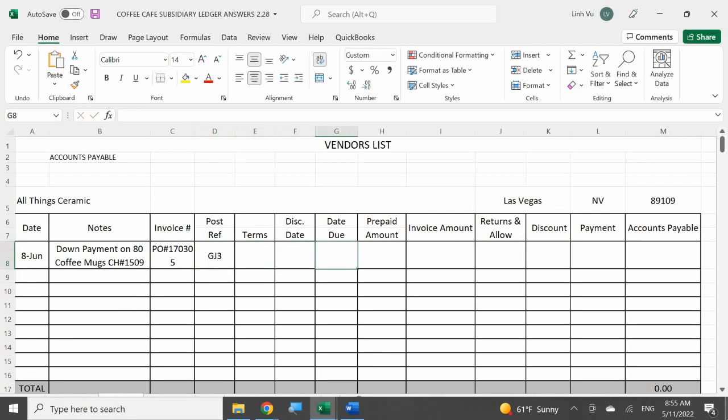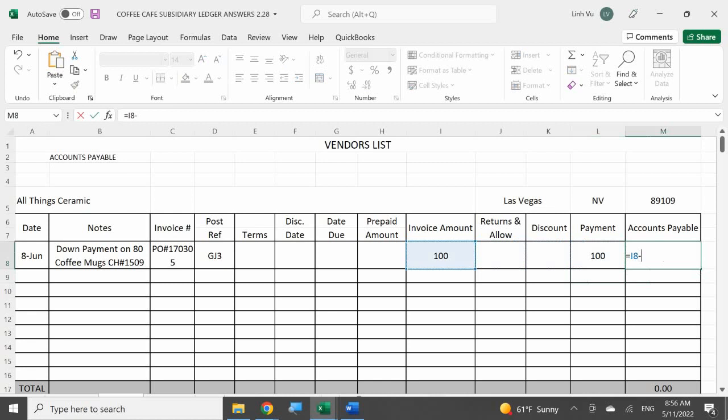We were not given terms yet because we haven't received our orders or our invoice yet. And once again, do not use the prepaid account until we receive our bill. So that means the invoiced amount is going to be $100 and we paid it.